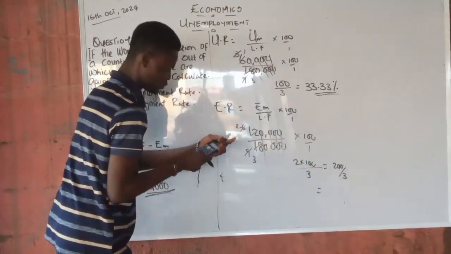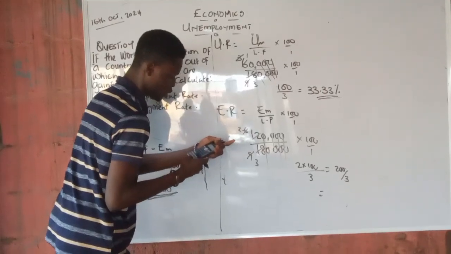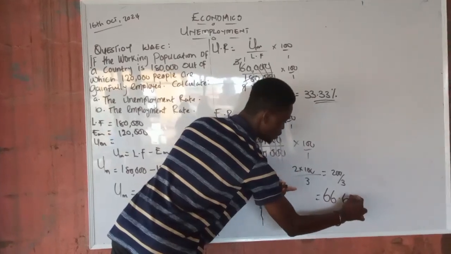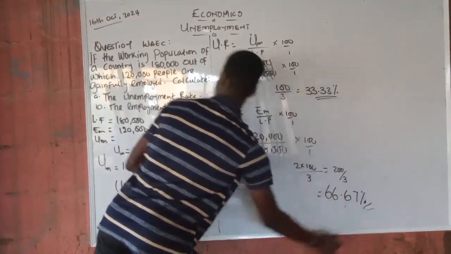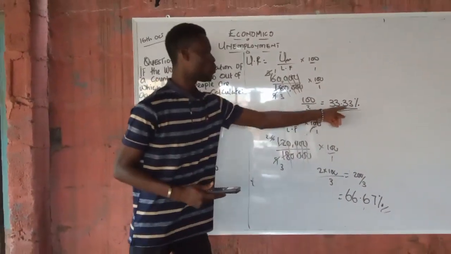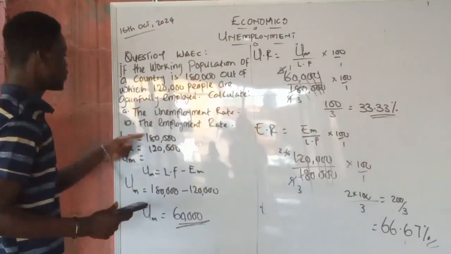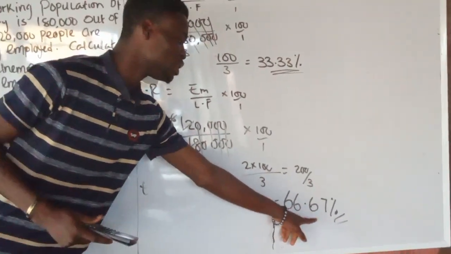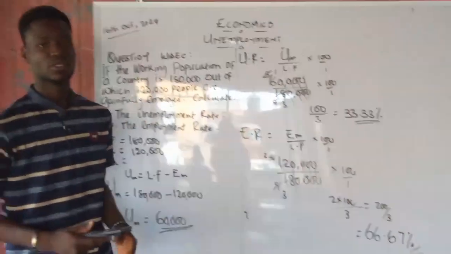We have 200 divided by 3, we have 66.67%. So our answer for unemployment rate is 33.3%, while for the employment rate is 66.67%. So thank you.